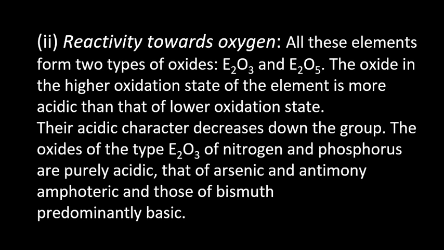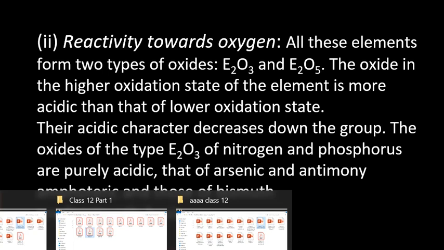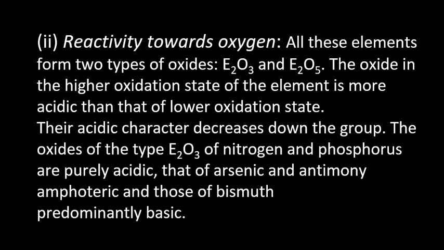The E2O3 oxides of nitrogen and phosphorus are acidic, these N2O3 and P2O3 are acidic in nature, while arsenic and antimony oxides are amphoteric, and oxide of bismuth is basic in nature.